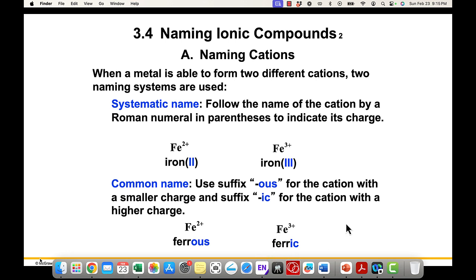These are a lot less common. Again, just remember if there is a higher charge, there's an IC ending, and an OUS ending for that lower charge. If you notice, this beginning part really matches what the symbol is, and so you can imagine that the symbol comes from that common name, but you don't see it as much.